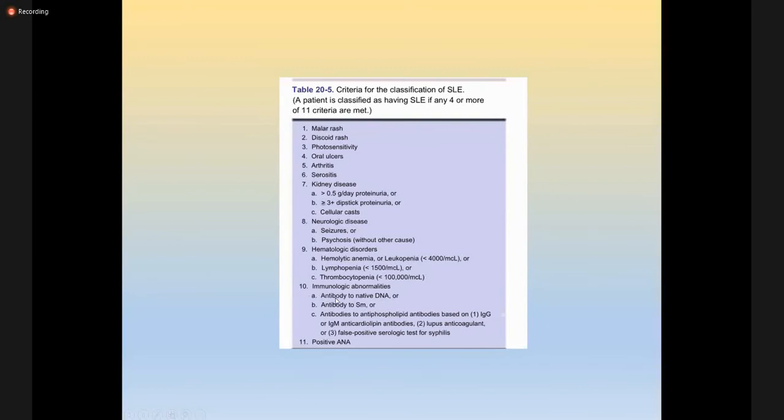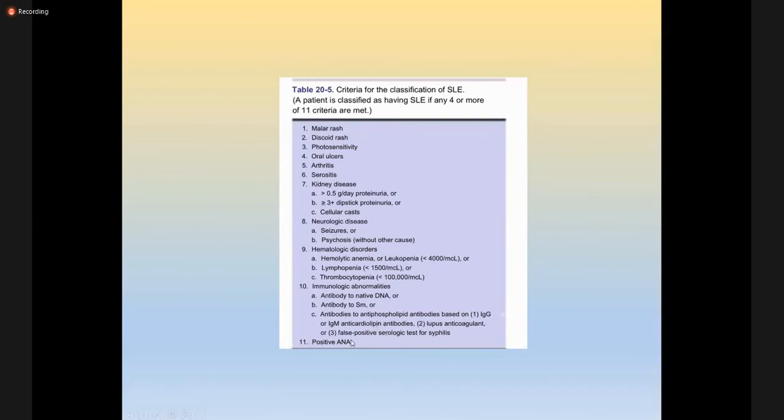Immunological, when the patient is having these very specific antibodies: antibody to native DNA, anti-Smith antibody, and antiphospholipid antibodies, which are 3 types: anticardiolipin, lupus anticoagulant, and the third one is anti-glycoprotein.